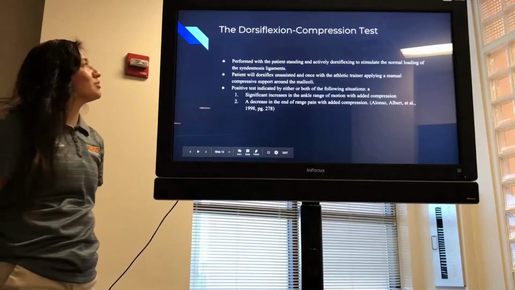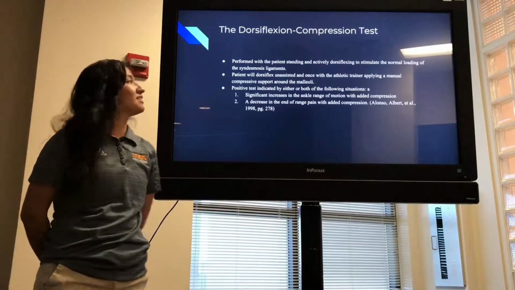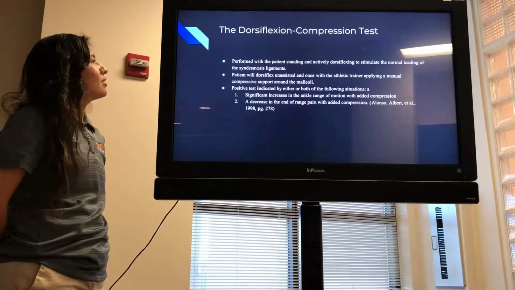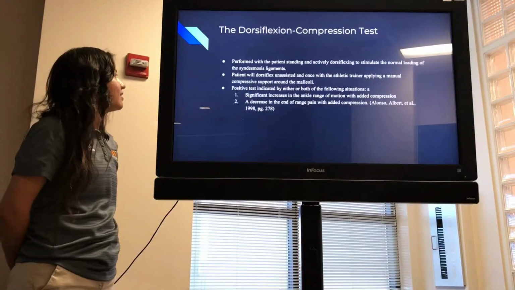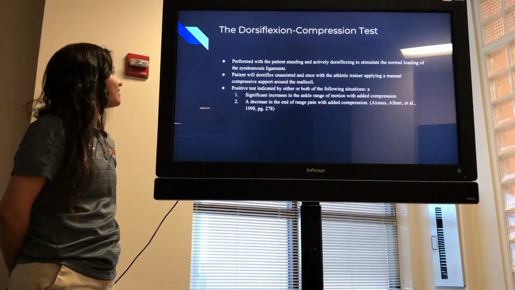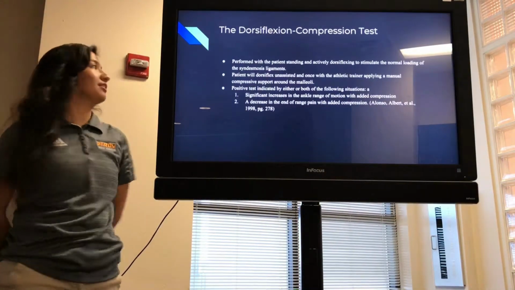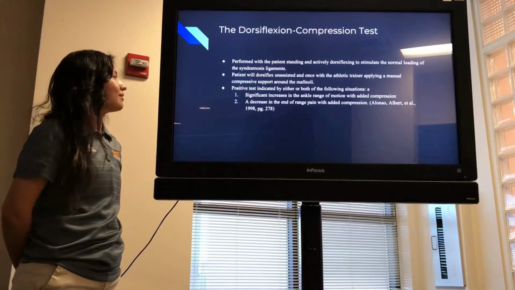And the last test we'll be doing is the dorsiflexion compression test. This is performed with the patient standing and actively dorsiflexing to simulate a normal loading of the syndesmotic ligaments. The patient will dorsiflex unassisted once and then once with the athletic trainer applying a manual compression, supporting around the malleoli.